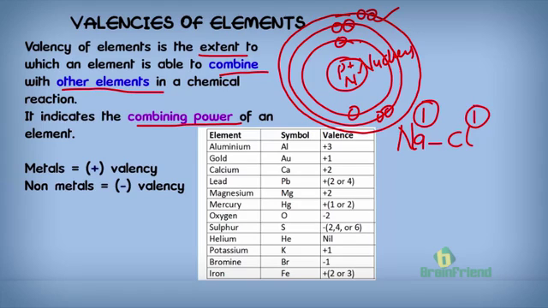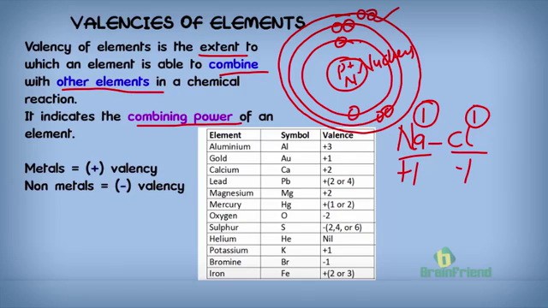So it means that the valency or combining power of sodium is 1, and also that the valency or combining power of chlorine is 1. But because sodium is a metal, we say that its valency is plus 1. And because chlorine is a non-metal, we say that its valency is minus 1.